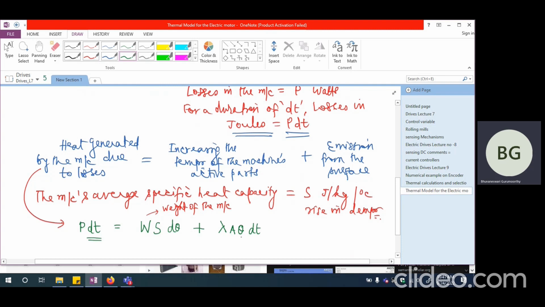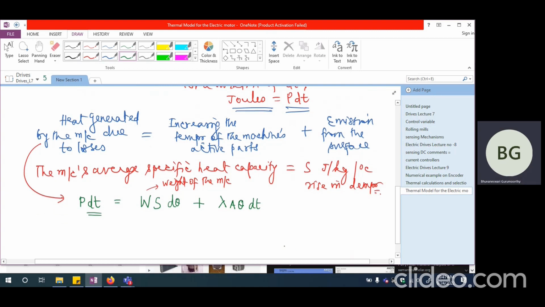And if I want to convert that into joules so that the equation is written in terms of heat energy, I have to multiply that by dt. So this is the approximate equation that talks about temperature rise in a machine when the machine is having a loss of P watts.